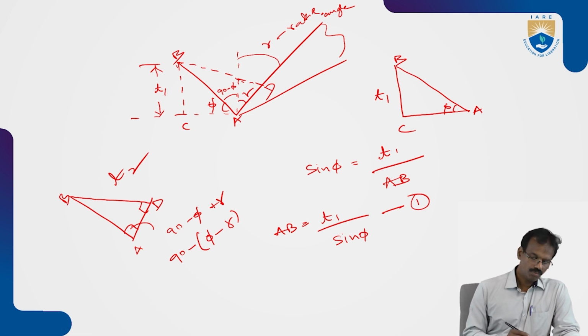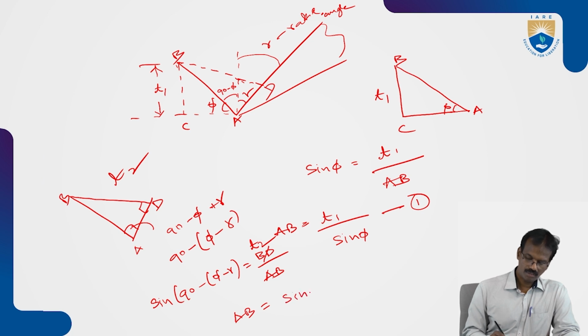Then if you apply the sine rule here also, sine of 90 minus of phi minus gamma is equal to the opposite side BD by AB. BD is nothing but T2. Then AB is equal to T2 by sine of 90 minus theta, and sine 90 minus theta is equal to cos theta, so AB is equal to T2 by cos phi minus gamma.